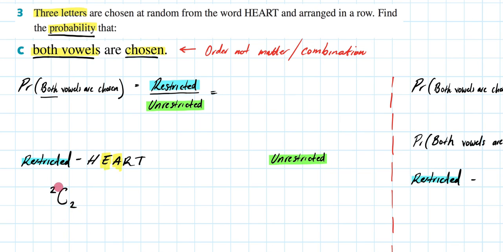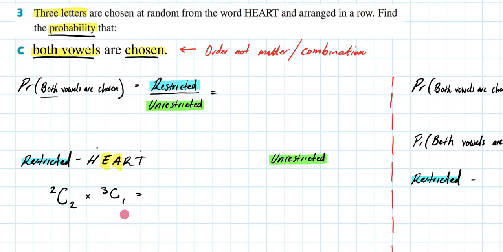So n equals 2, r equals 2, because I need to make sure both of these letters are in here. I then multiply that by my third space, because I've already taken up 2 spaces and have 1 more space to fill. How many options do I have for it? I have 3: the H, R, and the T, and I have 1 position to fill.